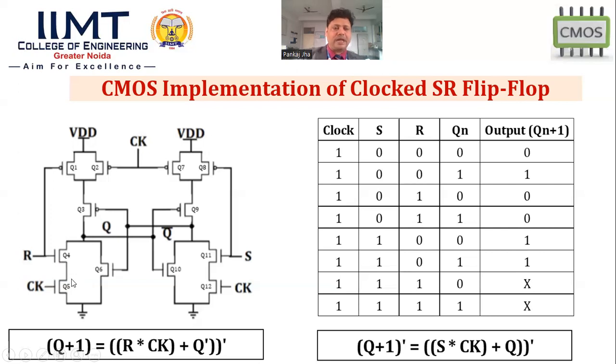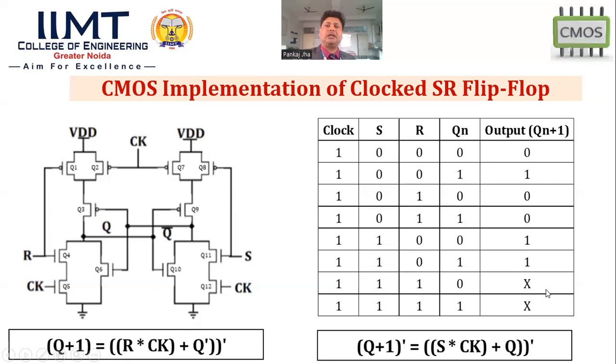Similarly, Q4 and Q5 will be in saturation mode. If both are saturated here, this Q will be grounded. If Q11 and Q12 transistors are in saturation mode, again this Q bar will also be grounded. At the same time, we will get 0 output at Q and Q bar both. That's why we are saying this is the invalid condition.